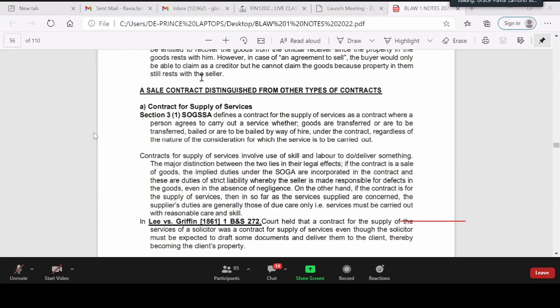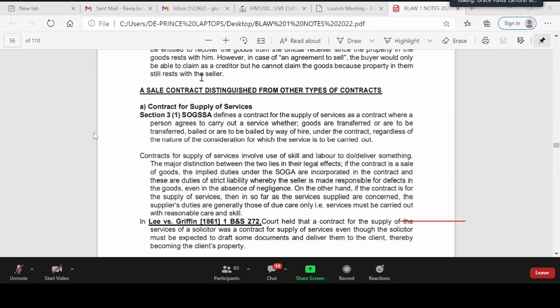So we have the person we call a supplier. That is the one who is using his skill to do something for you. He is supplying you a service using his skill. Then the other party is the consumer, you who is going to benefit from that service being given to you.